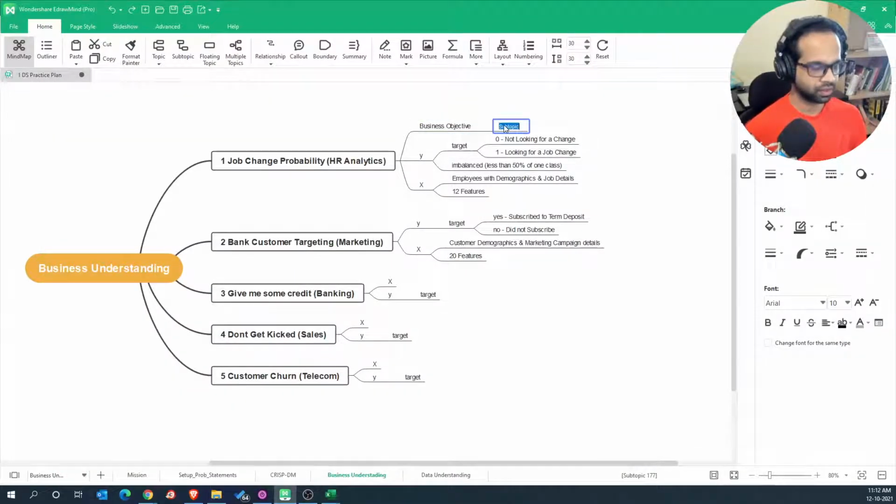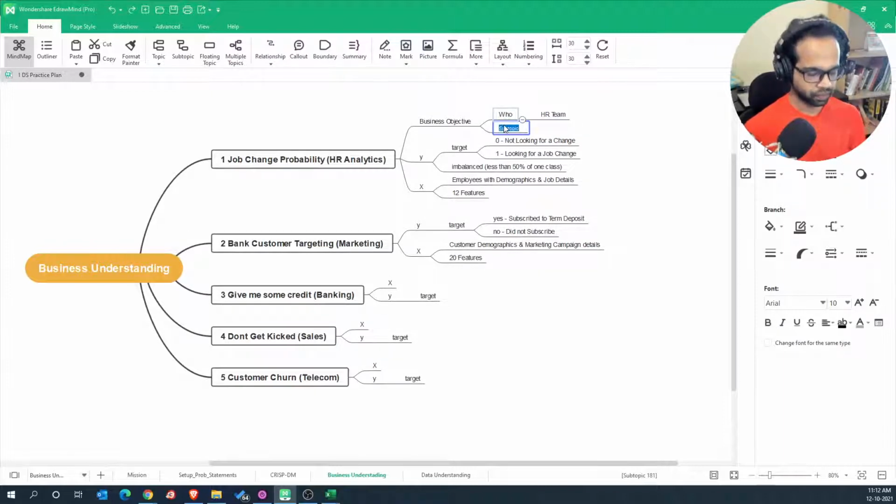So I'm going to say who with this. Who is obviously the HR team, and what they want to do is get a list of candidates that have a probability of job change.